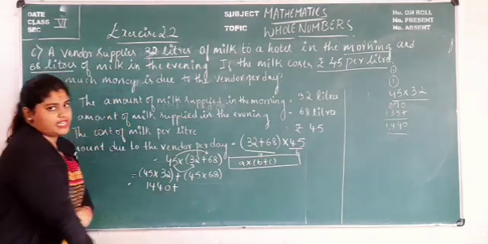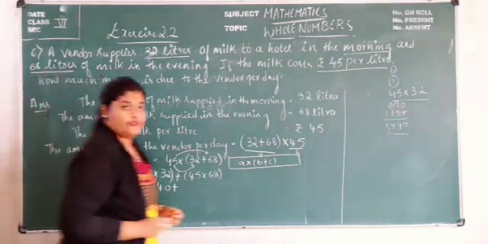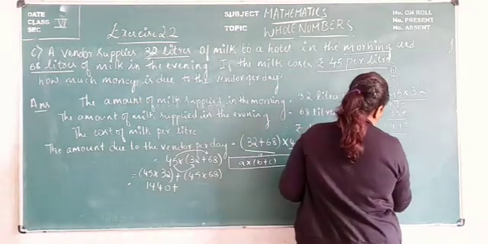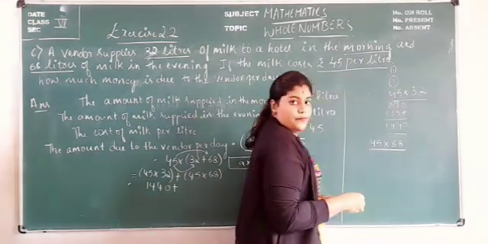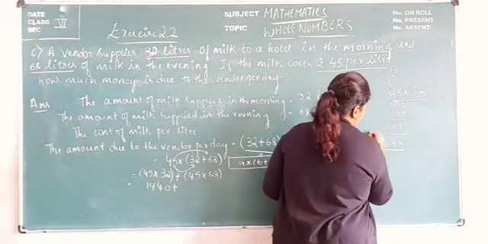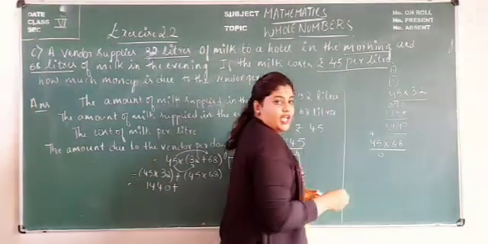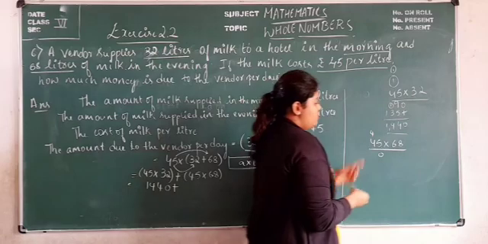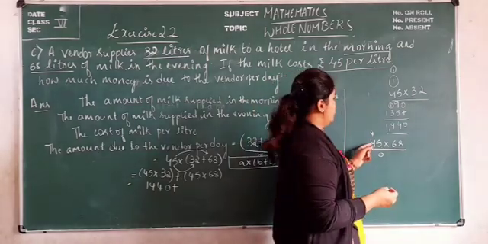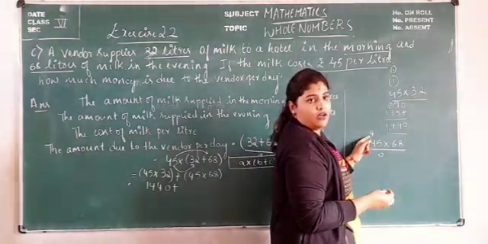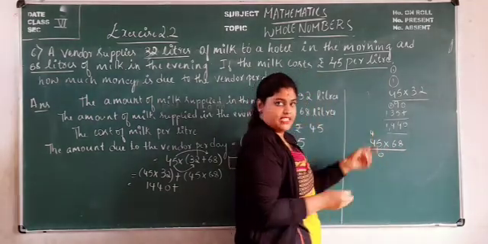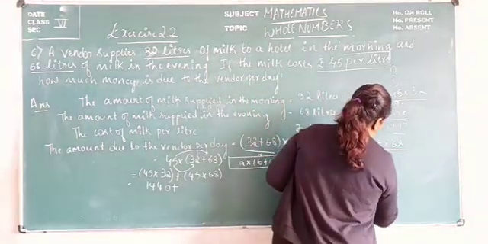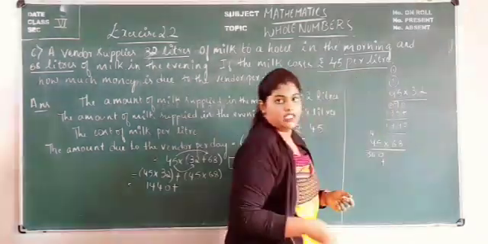Next we have to solve the second bracket, that is 45 into 68. So 8 5s are 40. So 0, 4 carry. Then 8 4s are 32. 32 plus 4, yes, 36. Then 6 5s are 30.